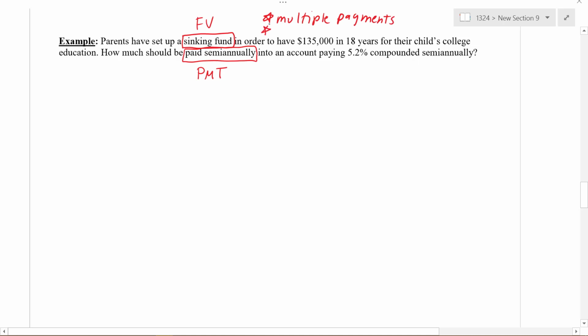Also, it looks like the end goal of this account is to accumulate money and to have $135,000 in the future. So the amount in the account is going to be increasing. So all three of these things should tell you to use the future value formula. So I'm going to write out our future value formula here.